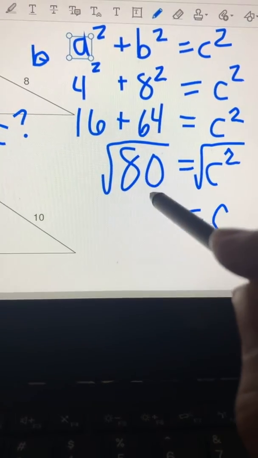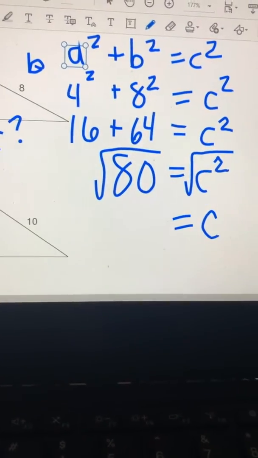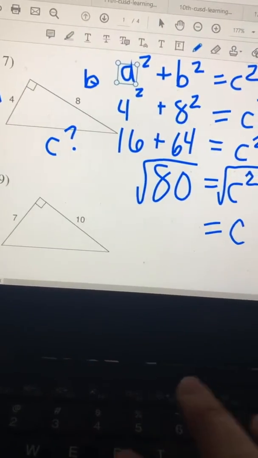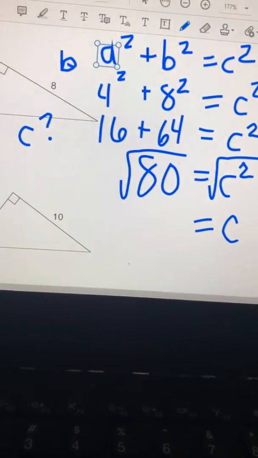And you will need a calculator for this, so let me pull out a calculator here. In my calculator, I'm going to put 81 and take the square root of 81.